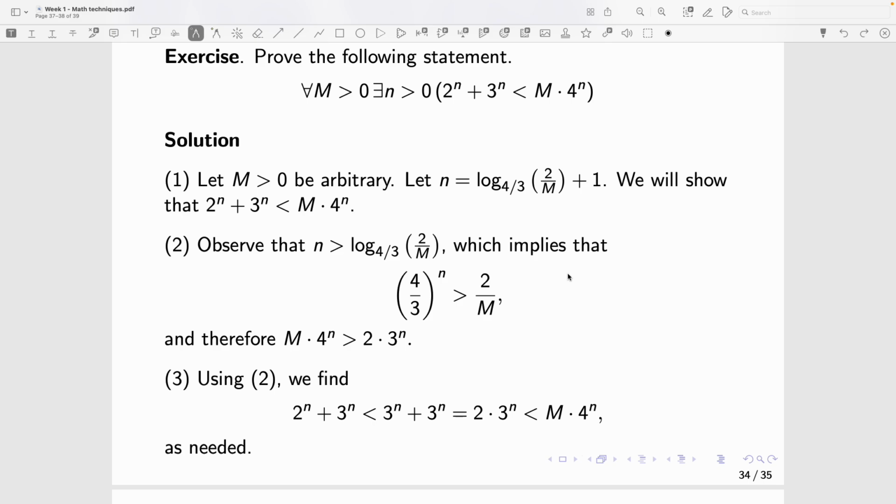Then they just rearrange the terms of it to get all the exponential n's on the same side. Divide both sides by 3 to the n, and also divide both sides by m.